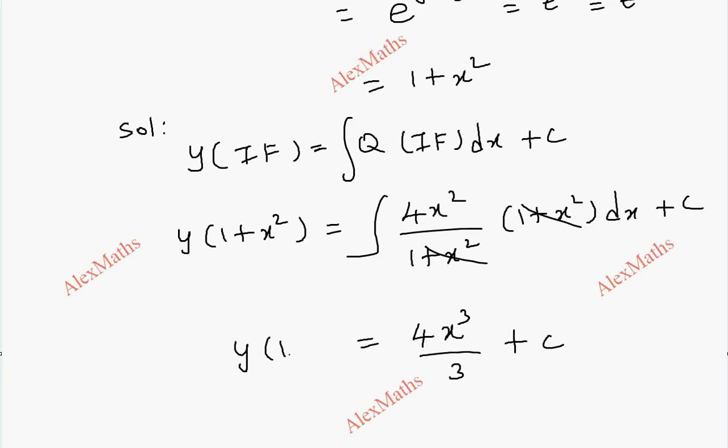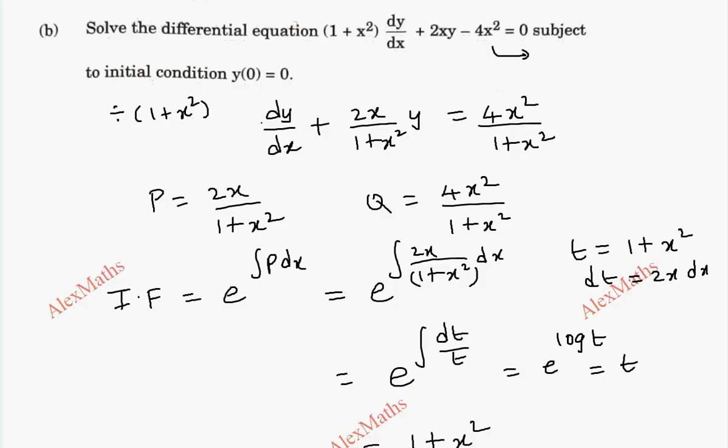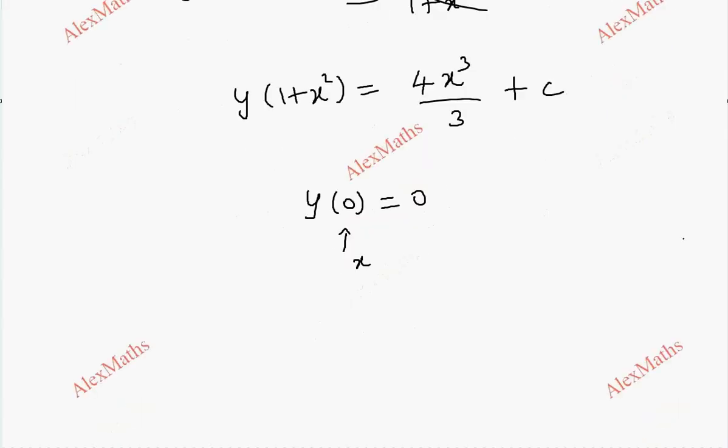This is our solution, and they have given a condition, that is y of 0 equal to 0. It means when x is 0, then y is 0. So when I take x is 0 and y is 0, the entire term equals 0. So it means c is 0.